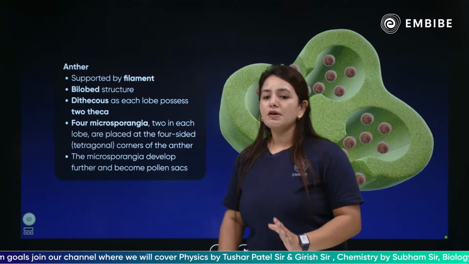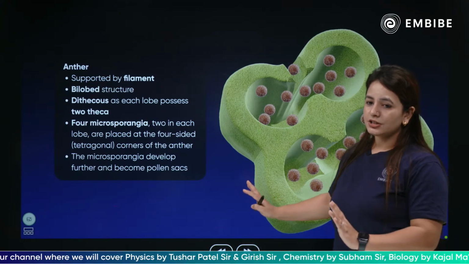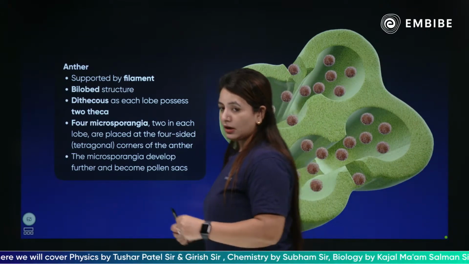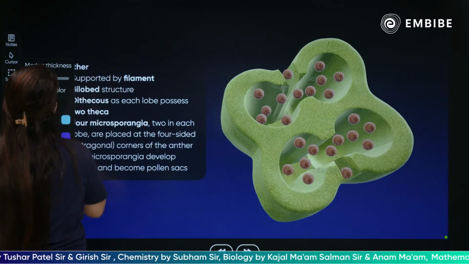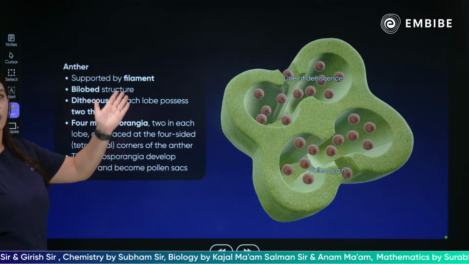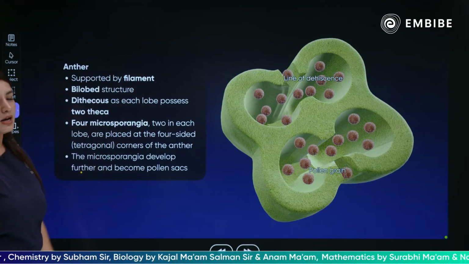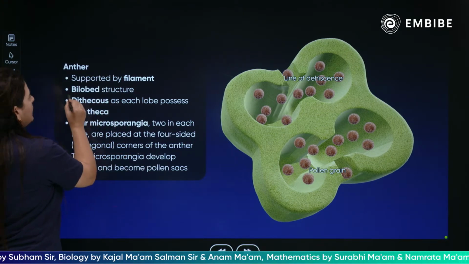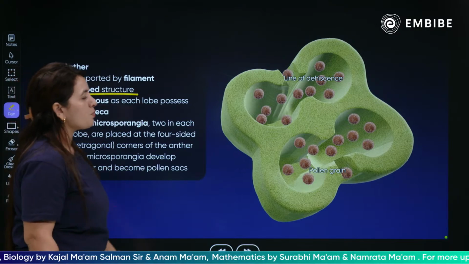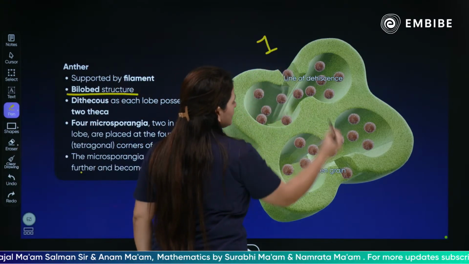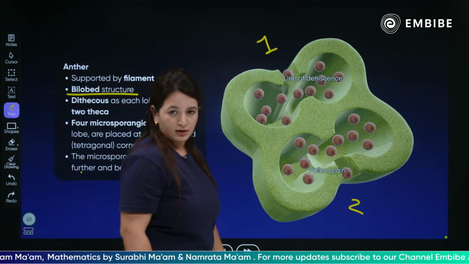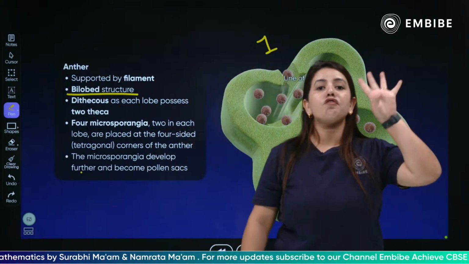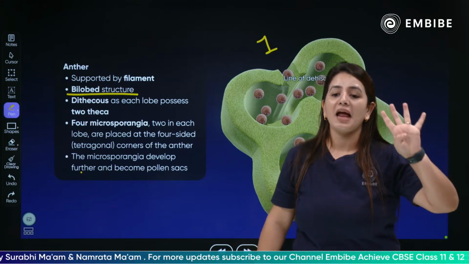Okay, moving forward, talking about the anther, children, what does the anther do? The anther is supported by the filament. Of course, the filament holds the anther high. It is a bilobed structure. There are two lobes. This is one lobe, this is two lobes. And it has 4 microsporangia.